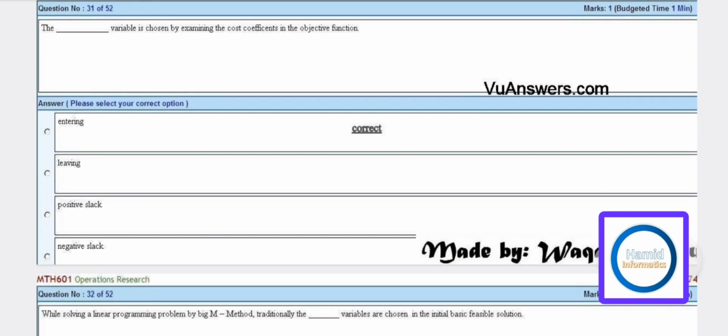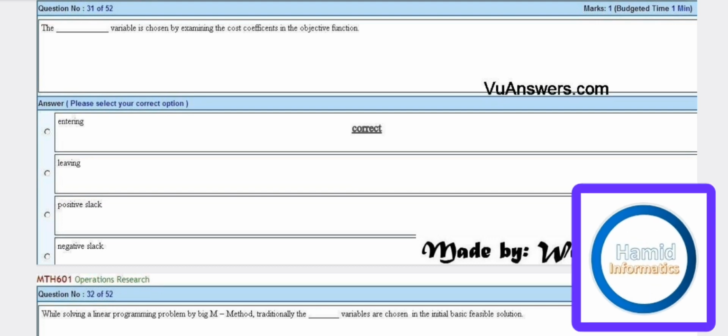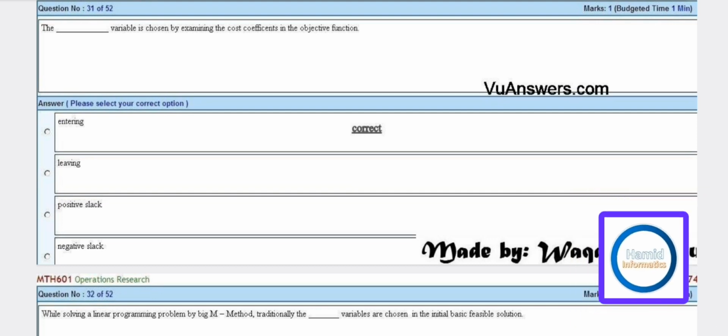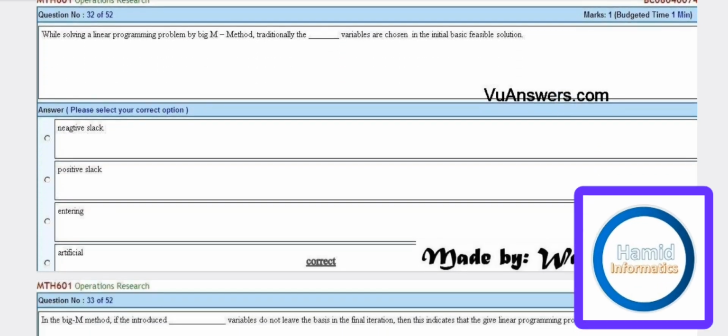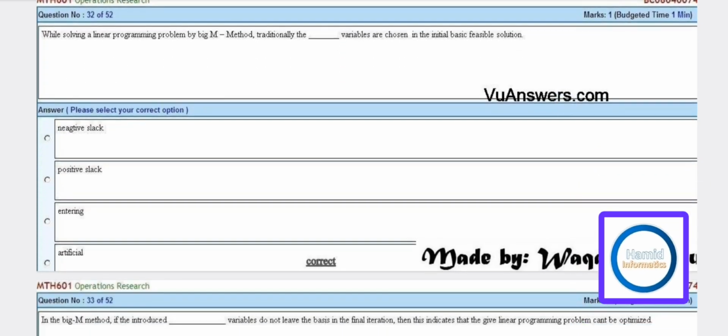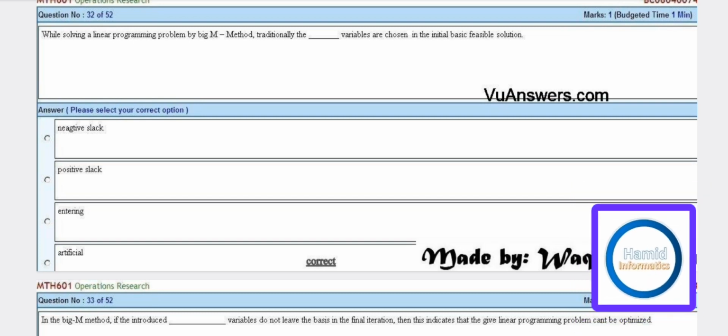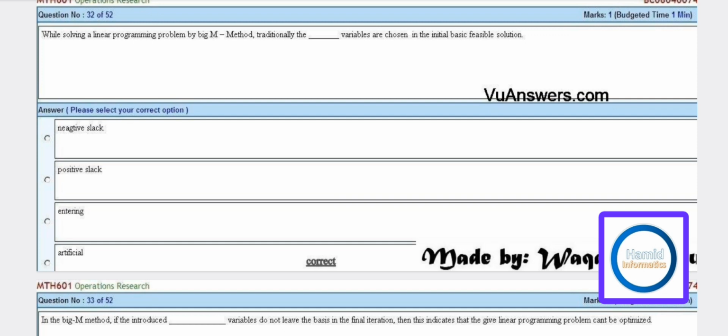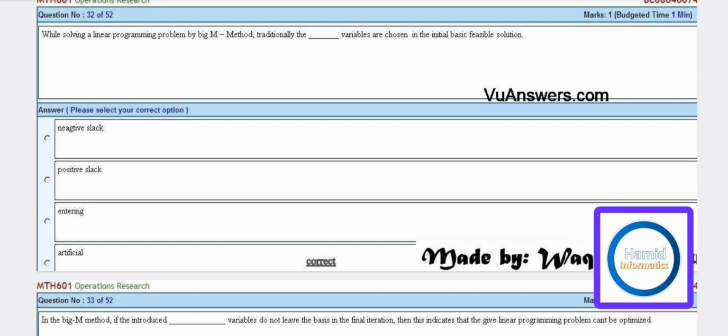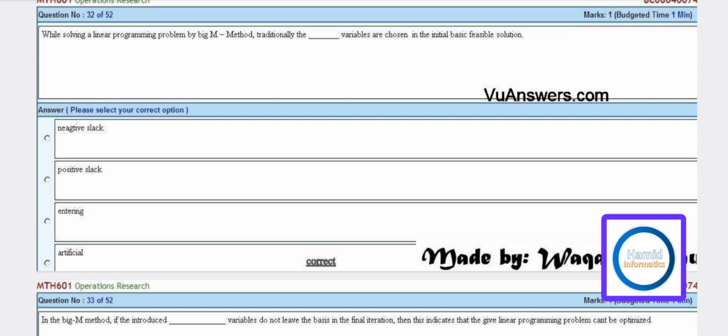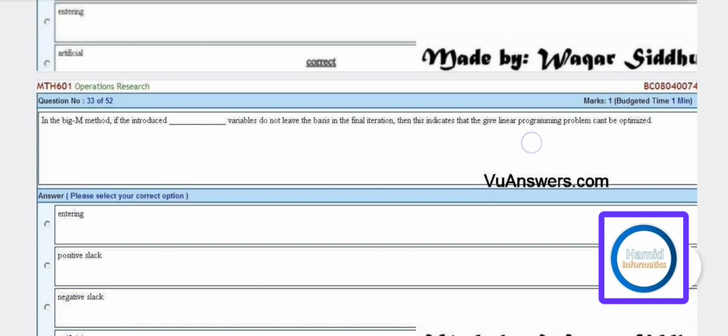The dash variable is chosen by examining the cost coefficients in the objective function, and the answer is entering. Next is while solving a linear programming problem by big M method, traditionally the dash variables are chosen in the initial basic feasible solution, and the answer is artificial.